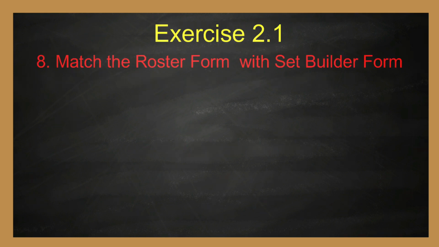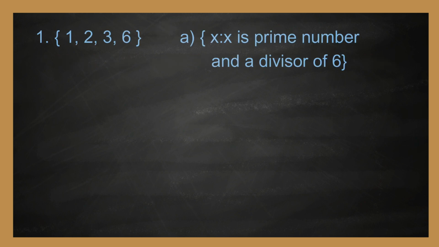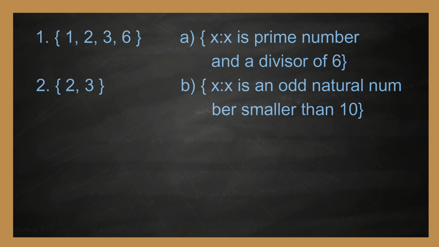Eighth one. Match the roster form with set builder form. Number 1. Set of 1, 2, 3, 6. A. X such that x is a prime number and a divisor of 6. Second, 2, 3. B. X such that x is an odd natural number smaller than 10.